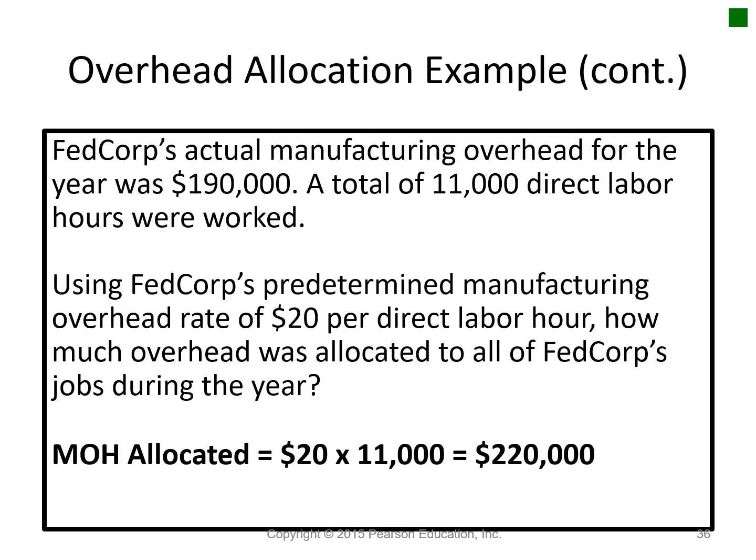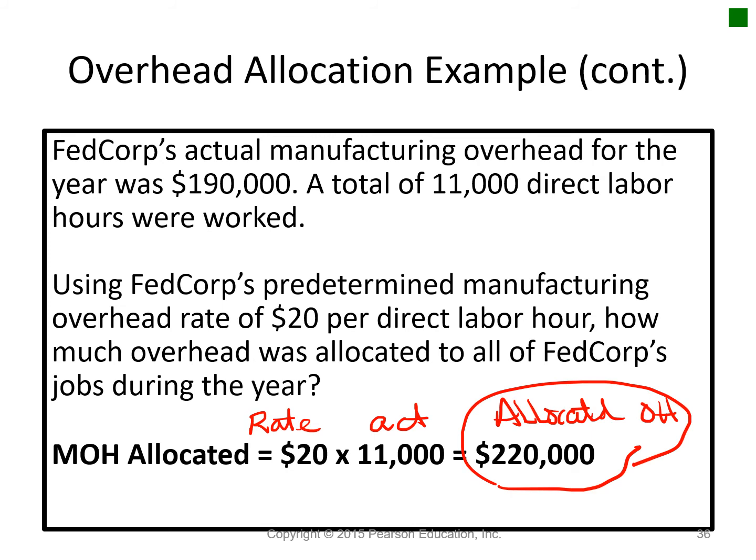So notice down here at the bottom, here's your overhead rate of 20. This was your activity. This is what would have happened during the year. So our allocated overhead is $220,000. So do a quick comparison. Actual overhead was 190. So we're way over. We allocated more overhead than what we actually incurred. That could be an issue.